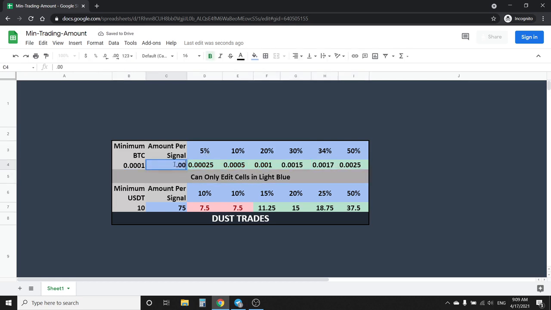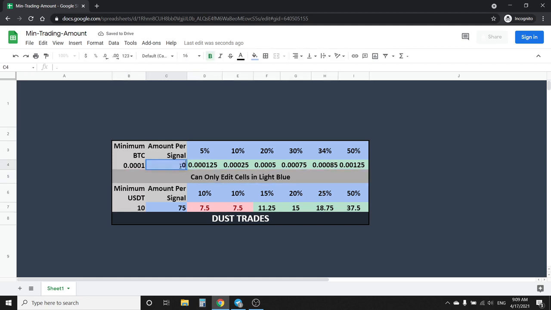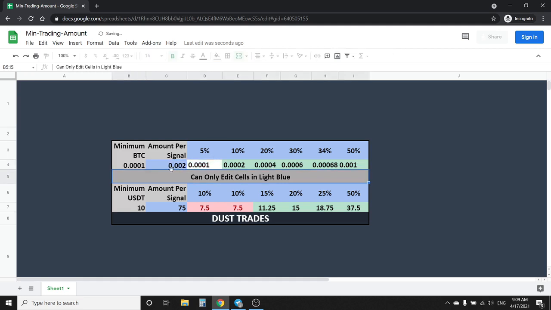Let's do another test. That would work also. So if you were to use 0.002 BTC, you might get an error if you use a 5% target price, because that's right on the minimum amount.